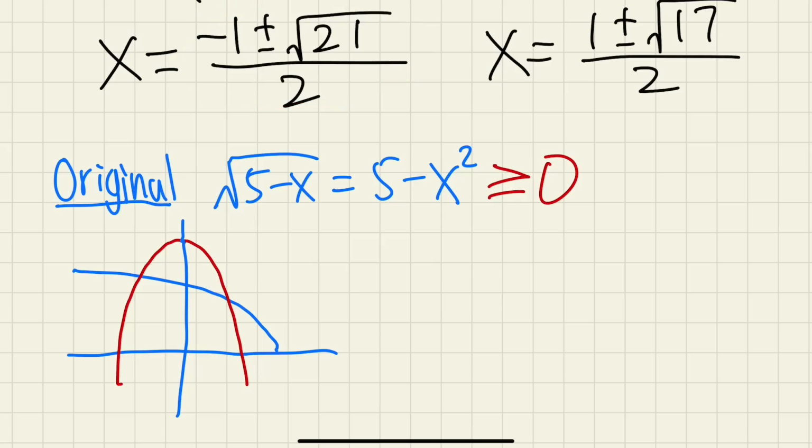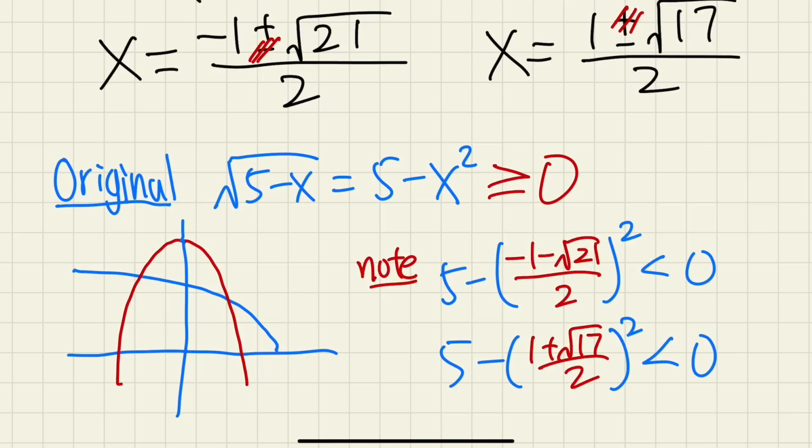And I will just tell you, if you have the negative and also a negative here, that will actually make this expression negative. So you will have to get rid of that. From this expression, you will actually have to get rid of the plus because they will make this negative. So I'll just make a note. These are the values that are bad.